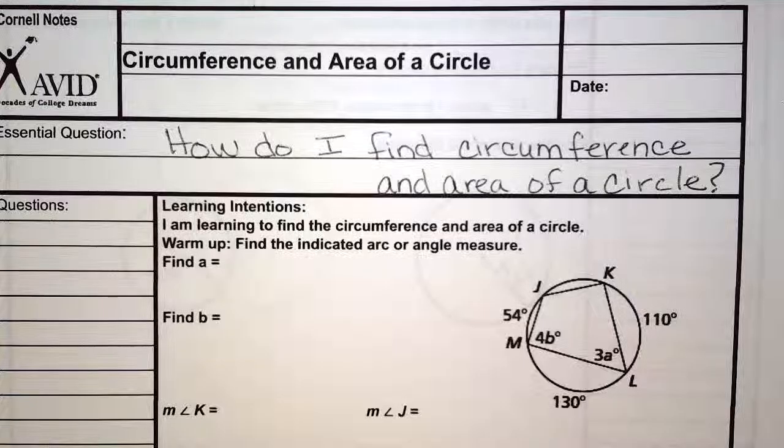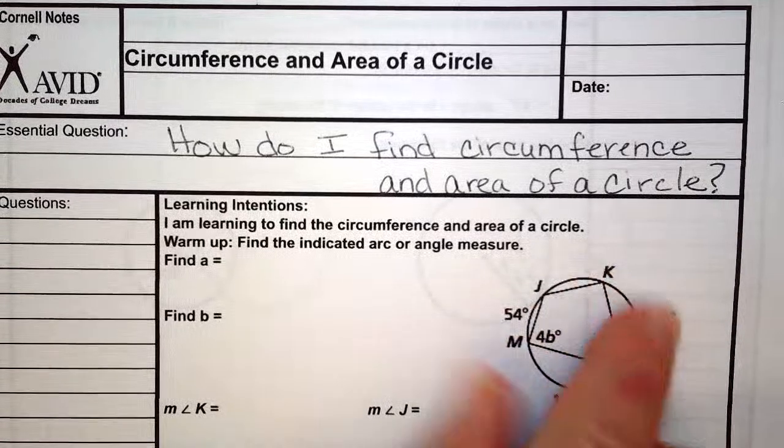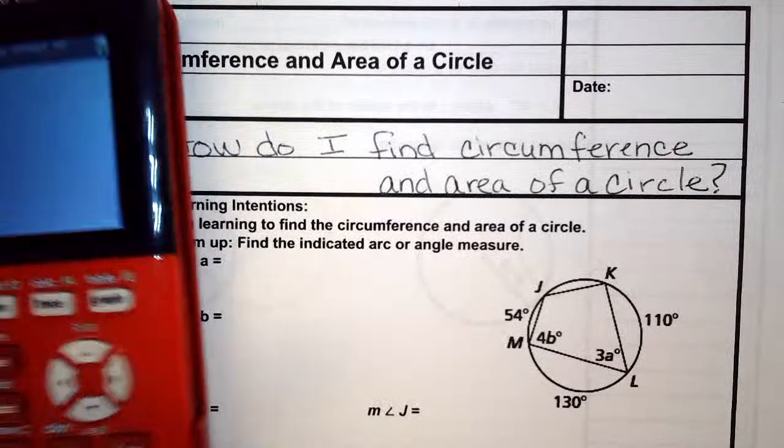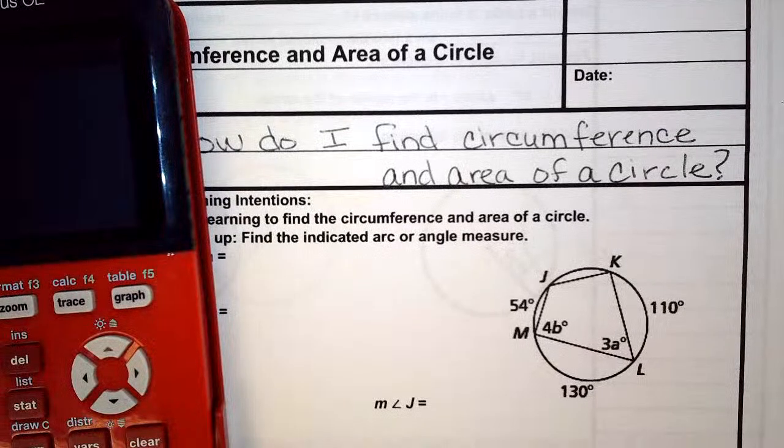So as we're looking at this, the first thing we want to do is to find all those arcs around the circle. And I know a circle is 360 degrees.